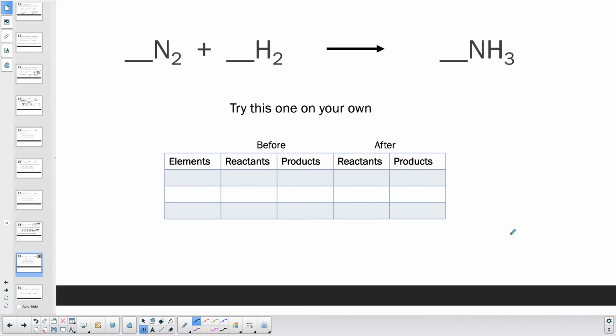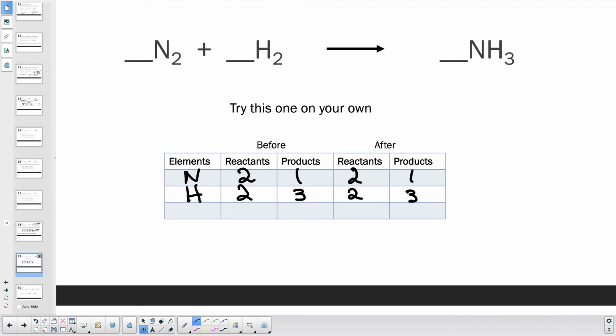All right, welcome back. So on the left-hand side, we've got nitrogen and hydrogen, and we've got 2 nitrogens and 2 hydrogens on the left, or on the reactant side. On the product side, we have 1 nitrogen and 3 hydrogens. Okay, so what I'm going to do is I'm going to carry that over to our after, and now start making changes and crossing things out.